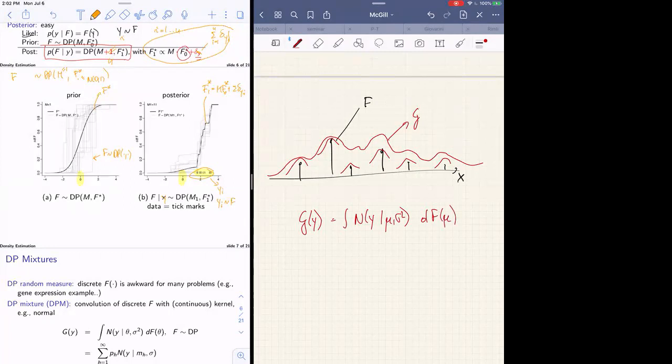If f is discrete, if it's a summation h equal 1 to infinity of p sub h times a point mass at m sub h, then this integral is just a complicated way of writing the summation h equal 1 to infinity of p sub h times a normal centered at m sub h with variance, which we assume is fixed.